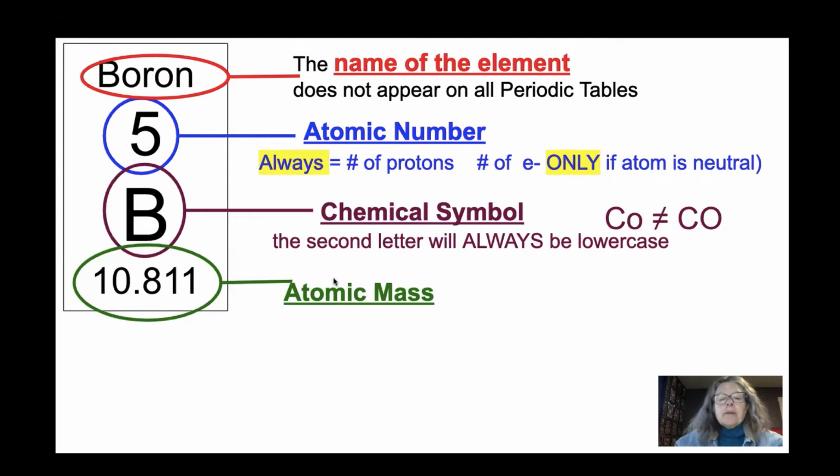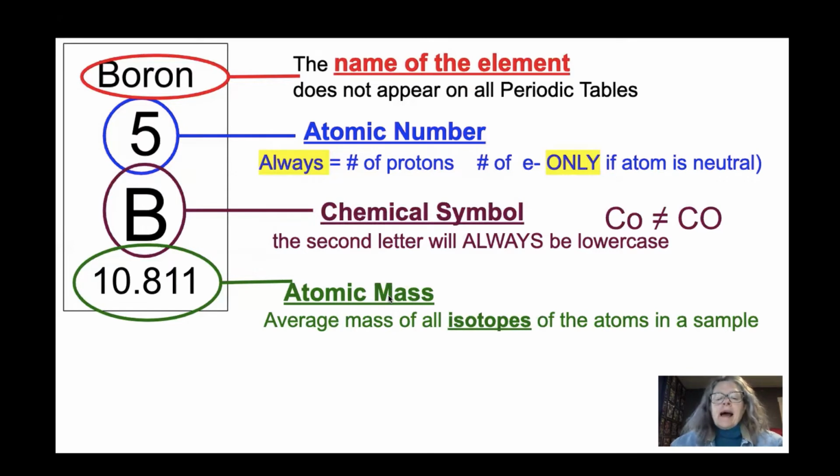Okay? Depending on what periodic table you're looking at, there may be additional numbers depending on how complex the table is, but always, always, always, you find at least these three things: atomic number, symbol, and atomic mass.